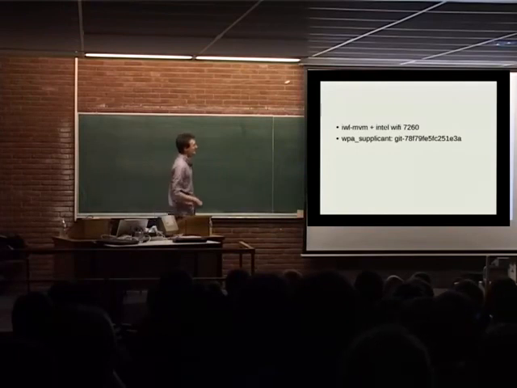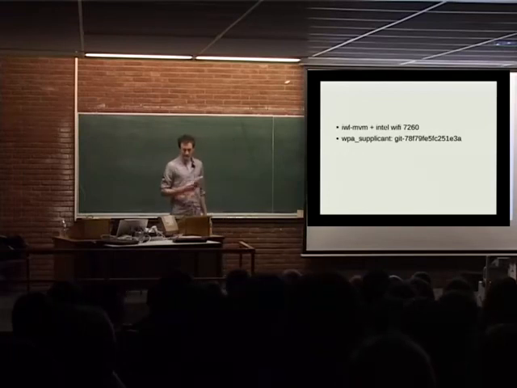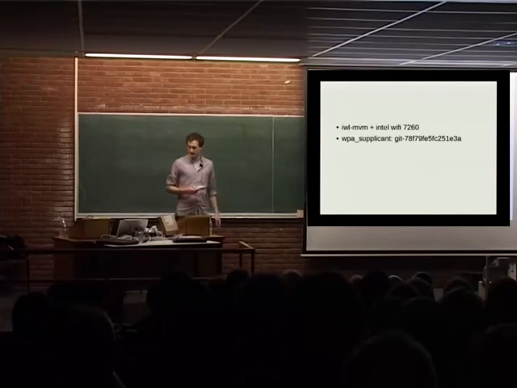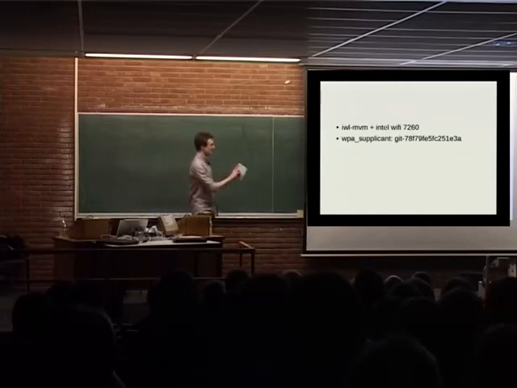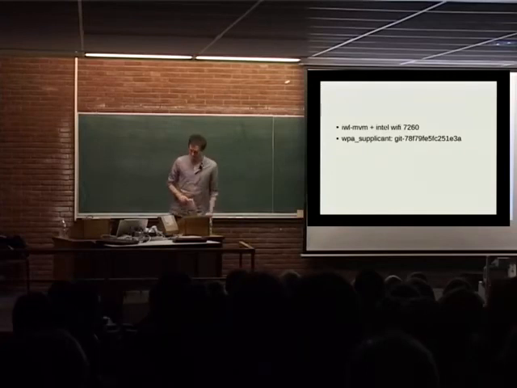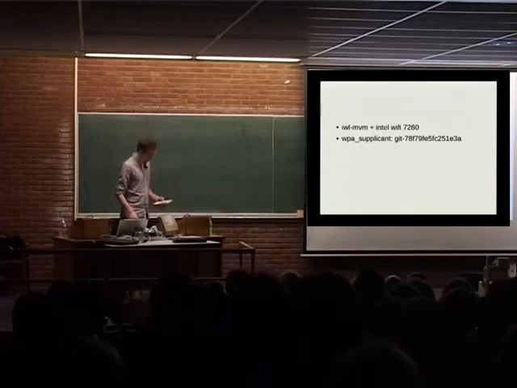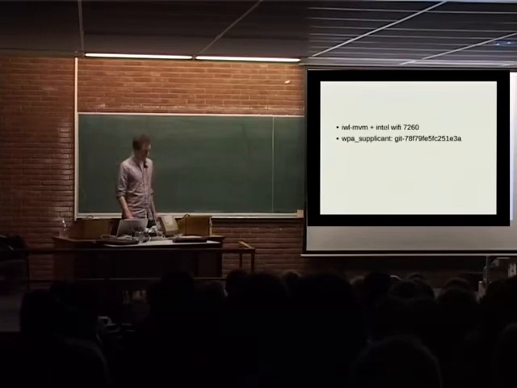This is an Intel 7260 card, which is a PCIe card, so you cannot easily plug it. And you need the supplicant revision, which I posted there, because everything newer is just broken. I told them, and never got a response. Awesome. So if anyone of you thinks they can go home and use it, you can't. Sorry.